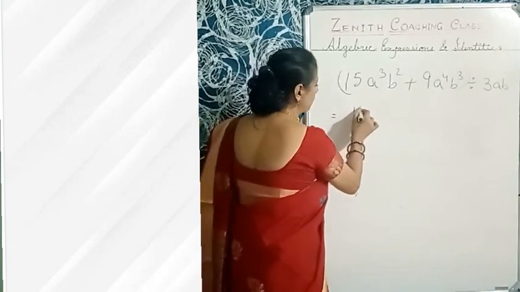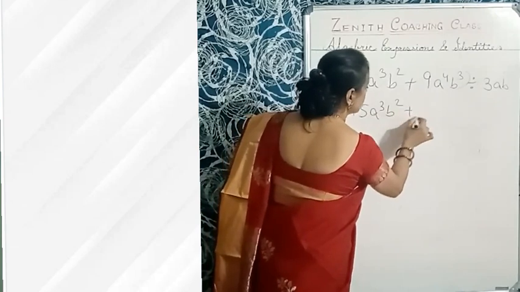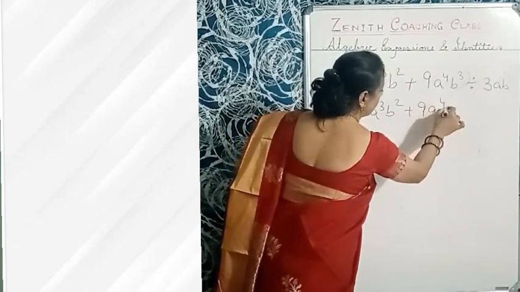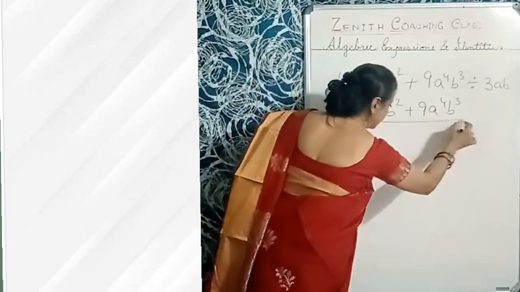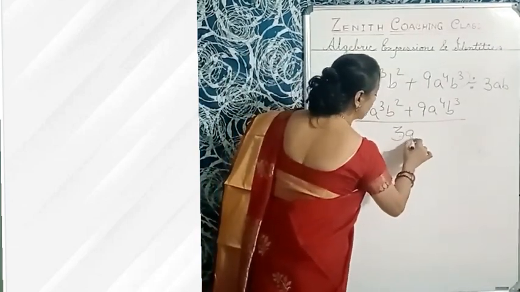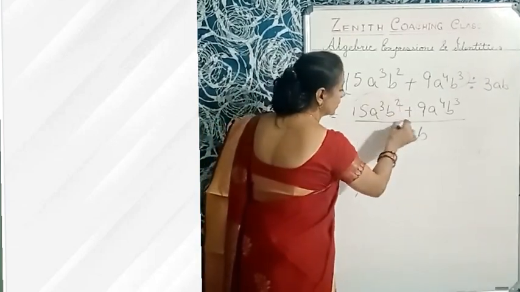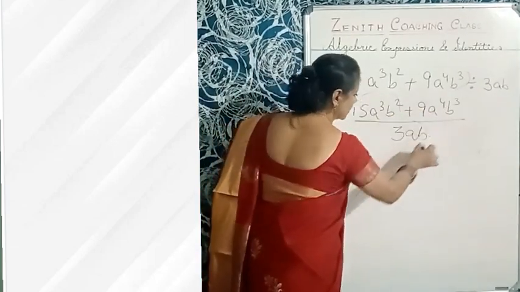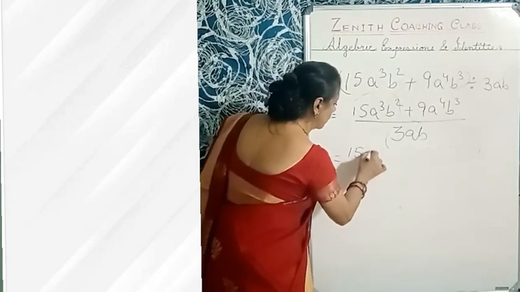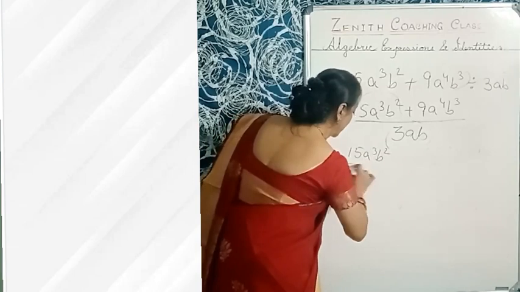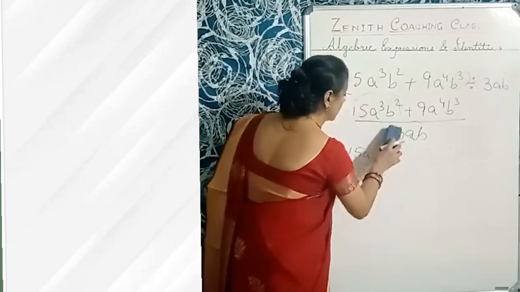We have to write 15a cube b square plus 9a to the power 4 b cube as the numerator, and you have to divide it by 3ab. So what to do? We have to split the sum: this and that. So we write 15a cube b square by 3ab. This is the first term.